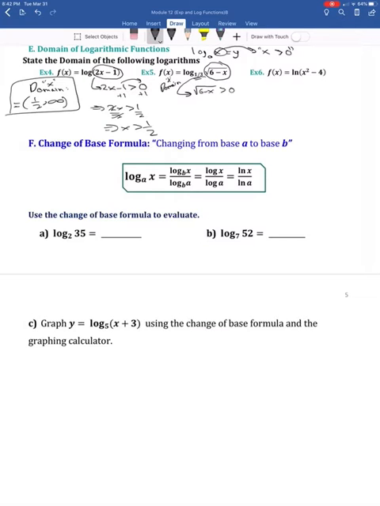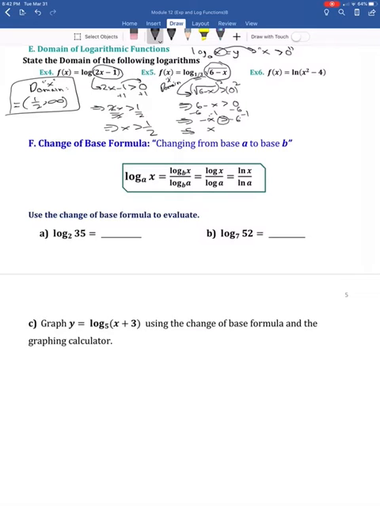So as we set it greater than 0 and solve for x, we would need to square both sides to get rid of the square root. So 6 minus x is greater than 0 as we square both sides of the inequality. And as we're solving for x, we subtract the 6 on both sides. Negative x is greater than negative 6. And then we can multiply both sides by negative 1.